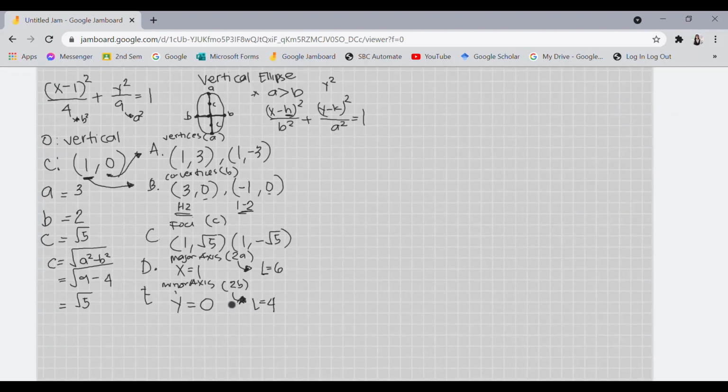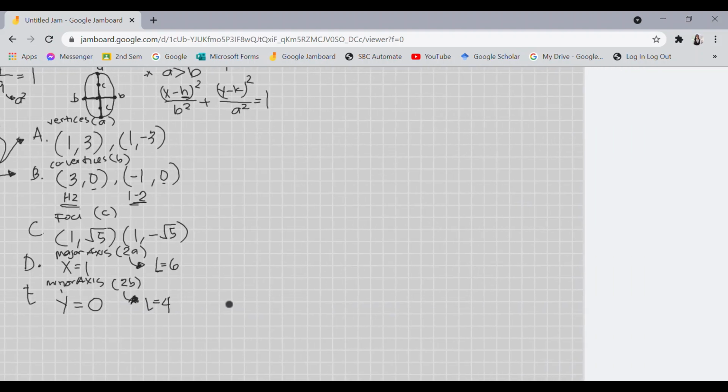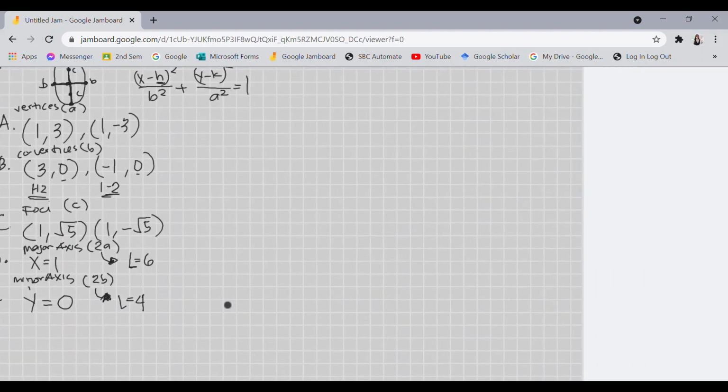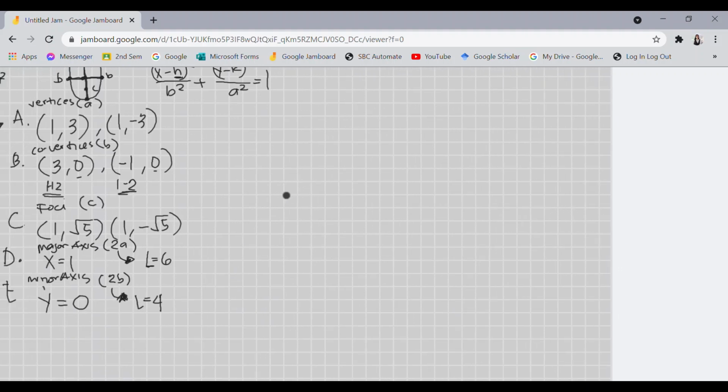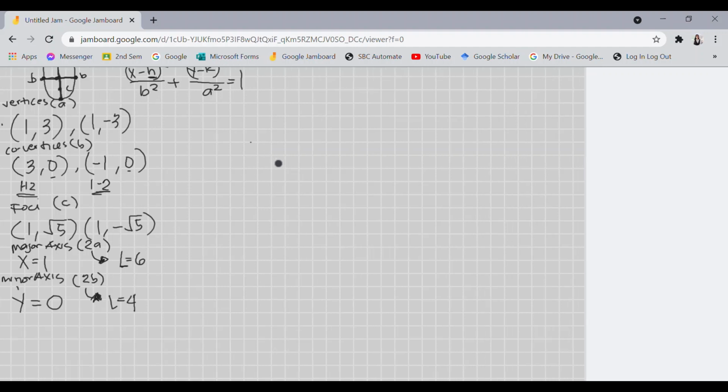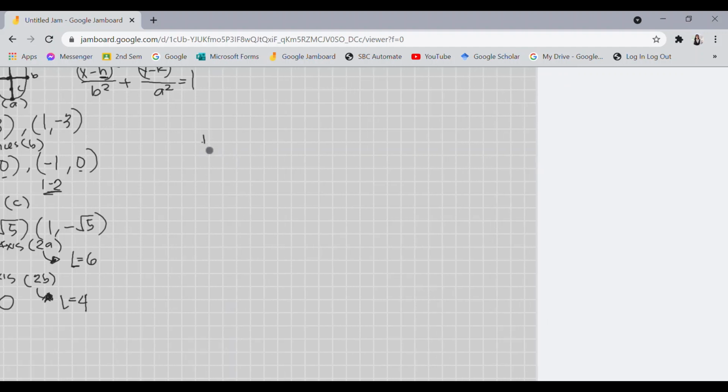Now, let's try graphing this one. Okay. So, graph lang natin siya. Let's say we have the Cartesian plane here. Okay. So, this is the origin.